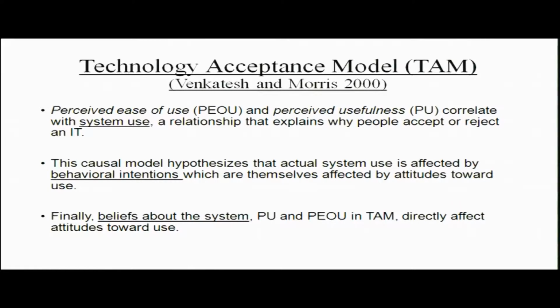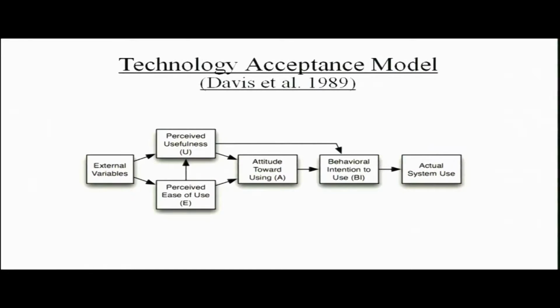It looks at behavioral patterns and usage patterns, and how they inform the ease of use and the perception of usefulness. Finally, the beliefs about the system, the perceived usefulness and perceived ease of use in TAM, directly affect attitudes towards use. So in the end, it all boils down to the cultural belief system and cultural practices that actually influence the system of TAM in this regard.